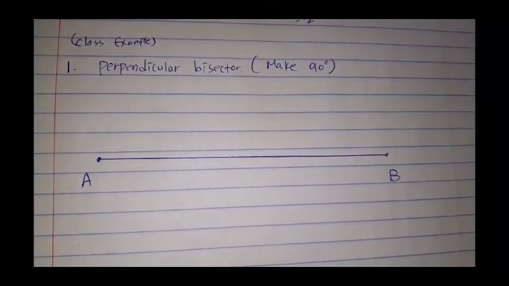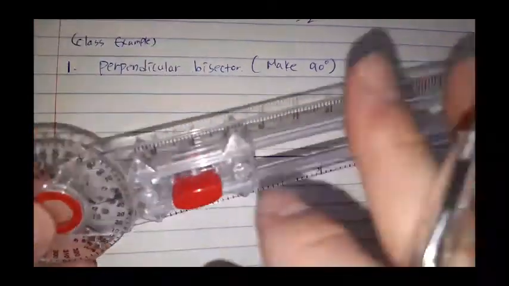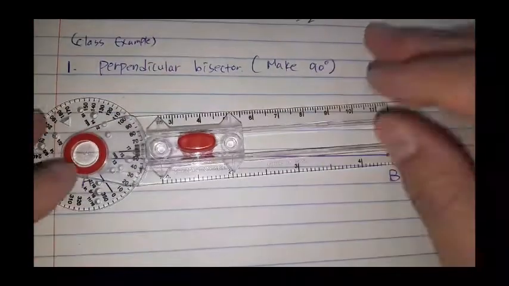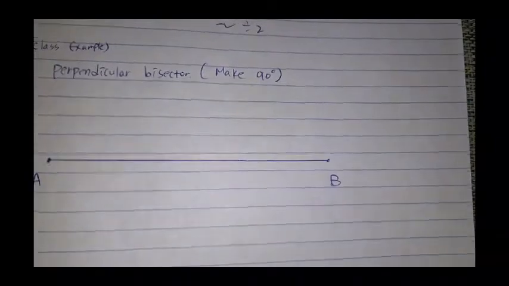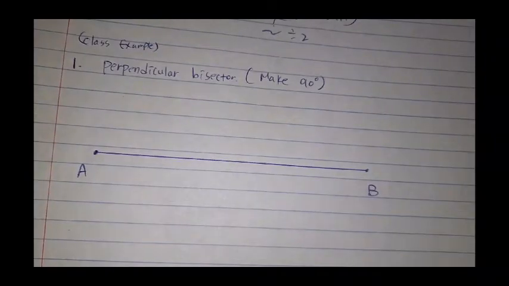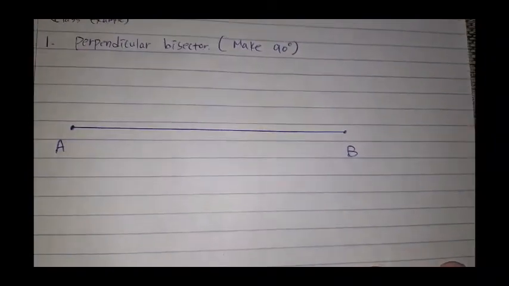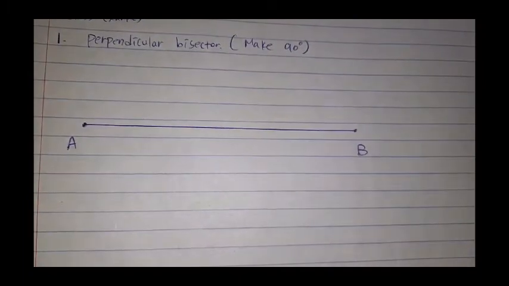Your first step is basically using a compass. I have my funky compass and I'm going to take this page off from the clipboard because the clipboard will be in the way. So here's what you need to do.